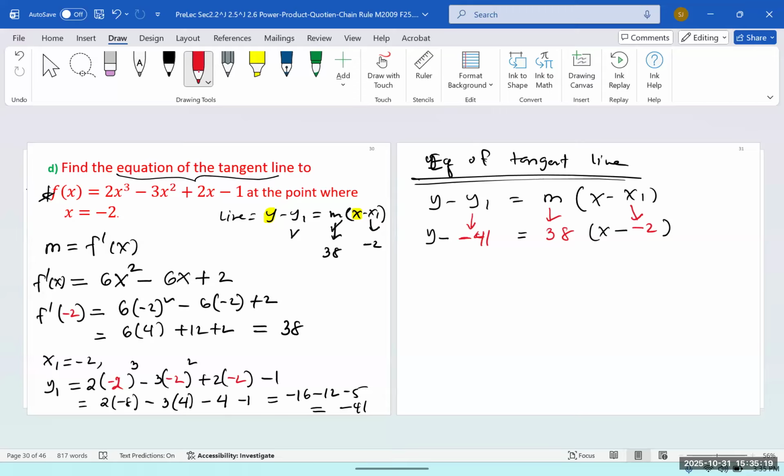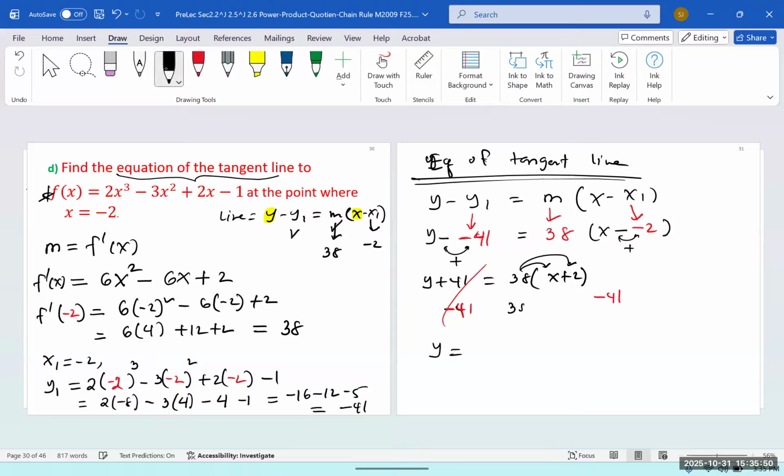So we found the equation, but then you have to rearrange everything. This will turn into plus, and this will turn into plus. So we have y plus 41 equals 38 times x plus 2. You distribute, and then you subtract 41 from both sides so that you have your y alone.